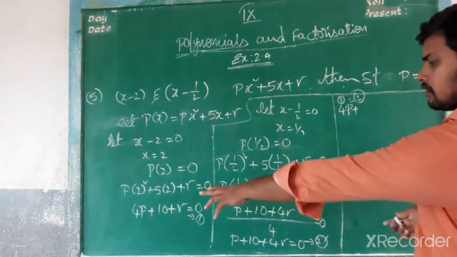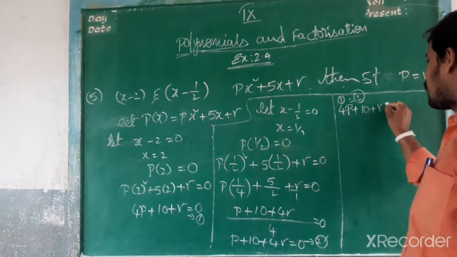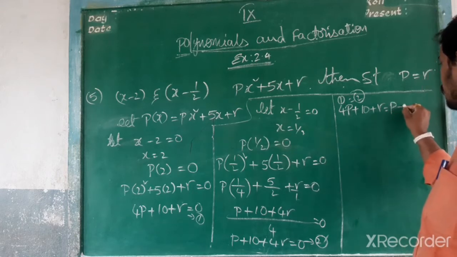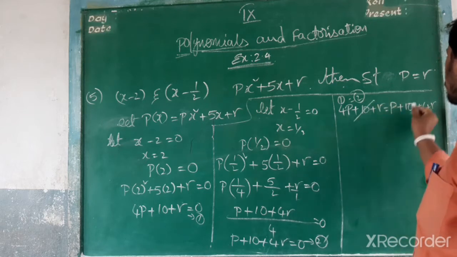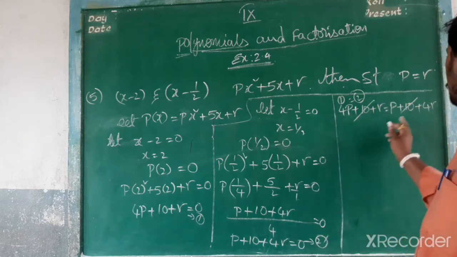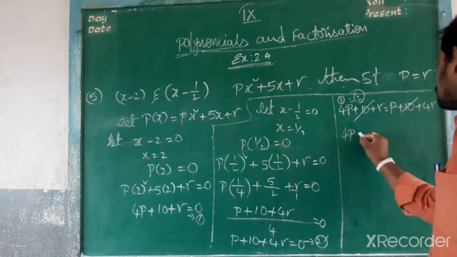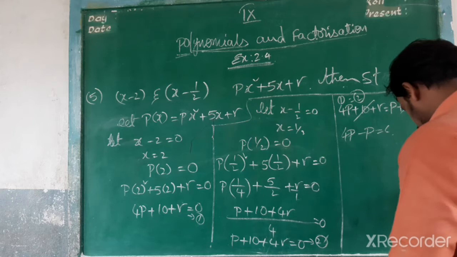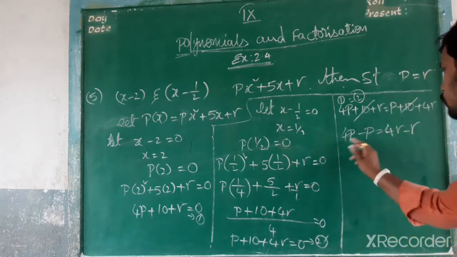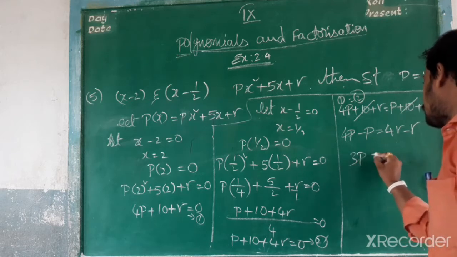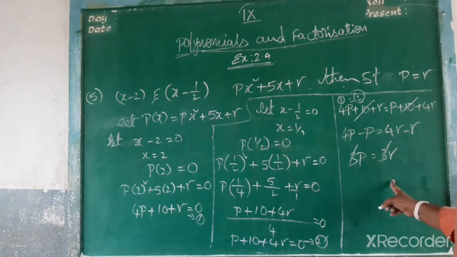In the same way, that equation is equal to this one: 4p plus 10 plus r equal to p plus 10 plus 4r. So 10 cancels. Combine 4p minus p and 4r minus r. 4p minus p is 3p, that equals 3r. 3 cancels, so the result is p equal to r.